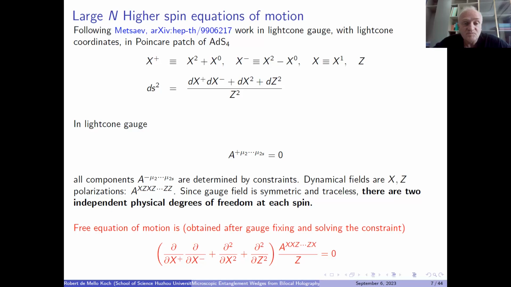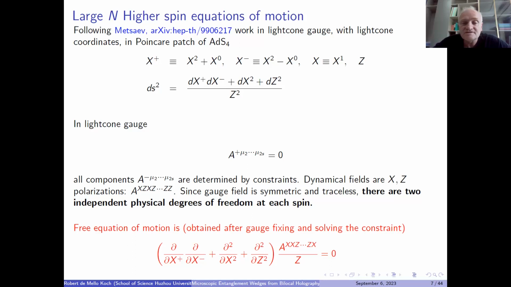The metric, the usual Poincaré metric, written in these coordinates is shown. My convention is that capital letters will always refer to gravity coordinates, and I will always use little letters for CFT coordinates. The gauge that we are choosing sets any gauge field with one or more plus polarizations equal to 0.